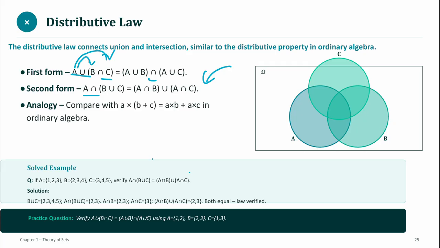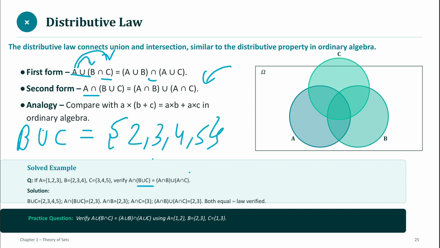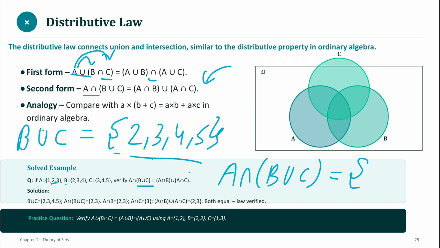First of all, let us calculate B union C. What do we get? {2, 3, 4, 5}. Now A intersection this. A is {1, 2, 3} and this is {2, 3, 4, 5}. What elements are common? 2 and 3 are common.